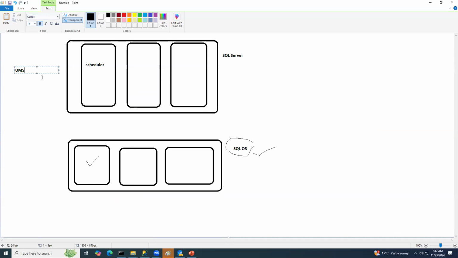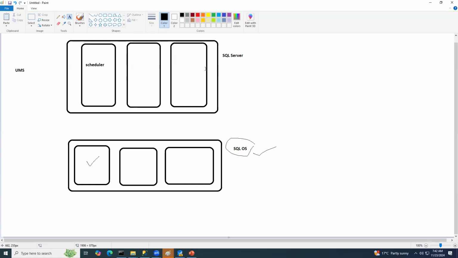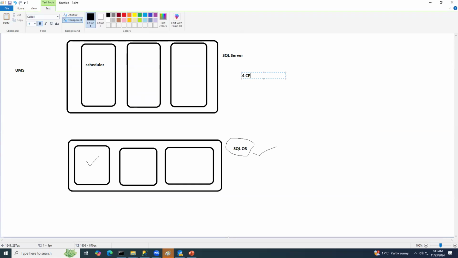There was no UMS, user mode scheduler, so we relied on the Windows scheduler. Whatever threads we have on the system would be executed by the operating system. Now what will happen? Let's say Windows has 4 CPUs, and SQL Server, let's say, has a limit.